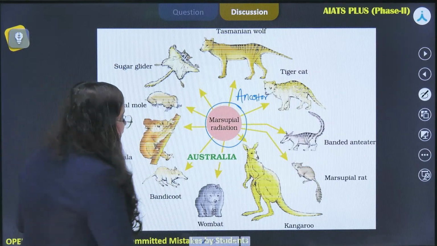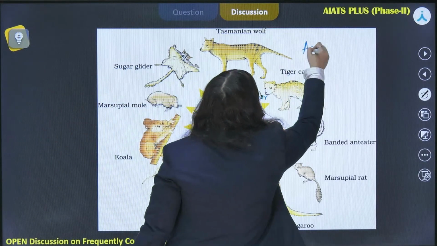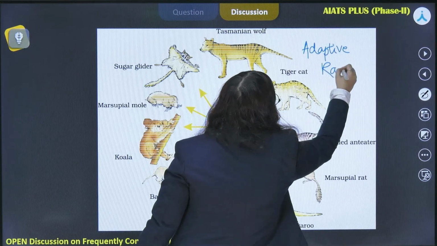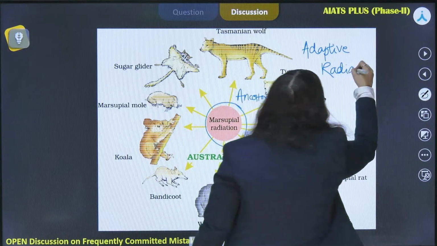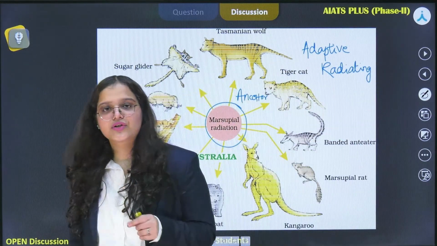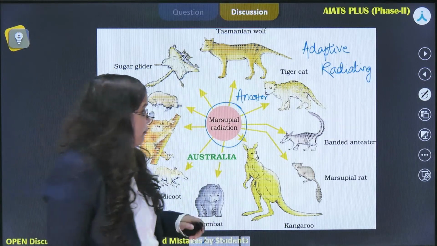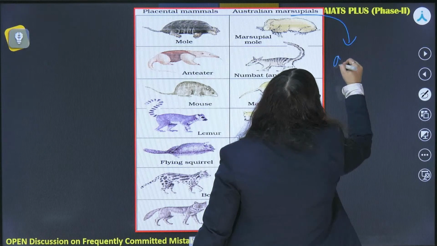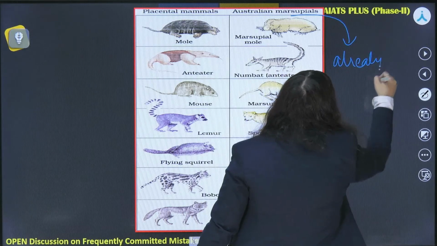We often call it adaptive radiation because they are radiating in different directions to adapt to different needs. So what happened in Australia was the marsupials, these Australian marsupials were already existing.